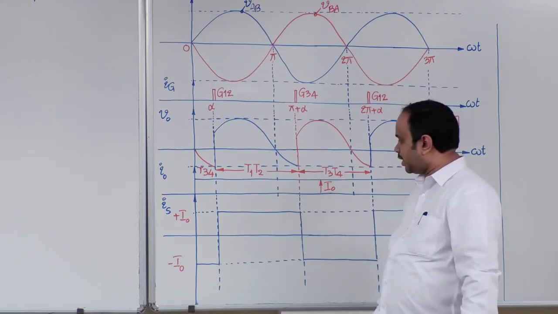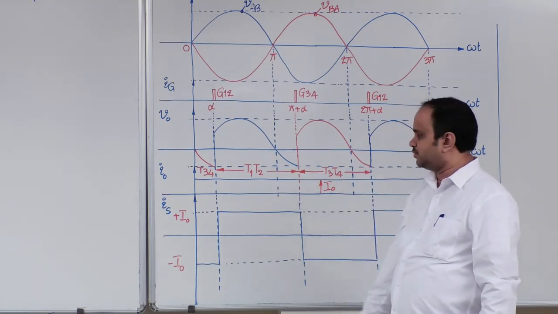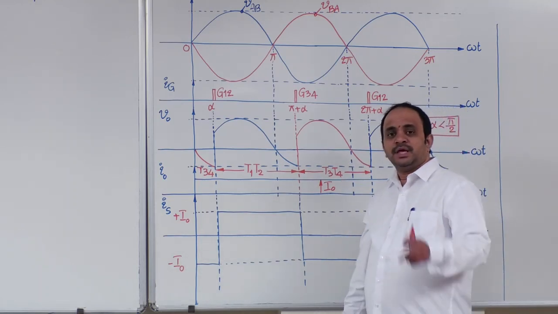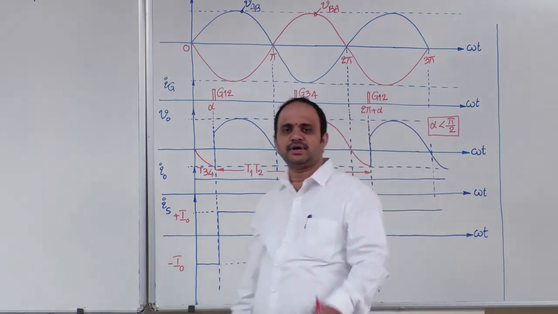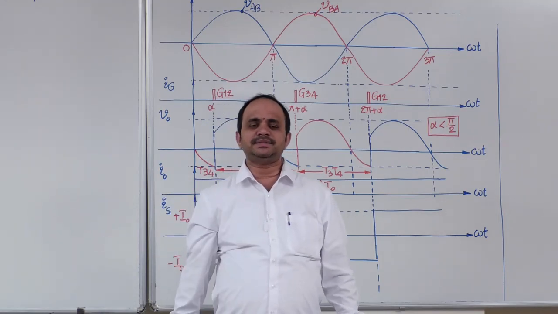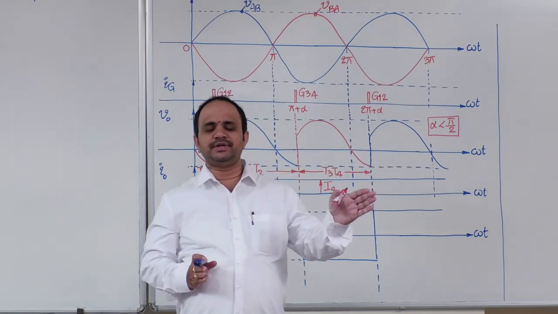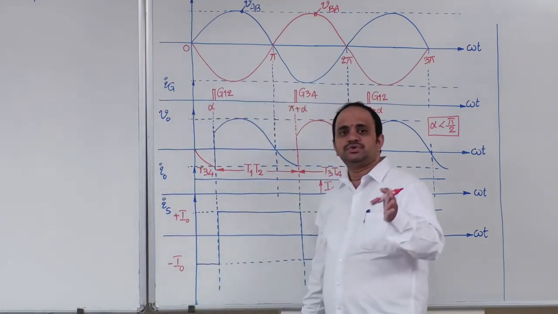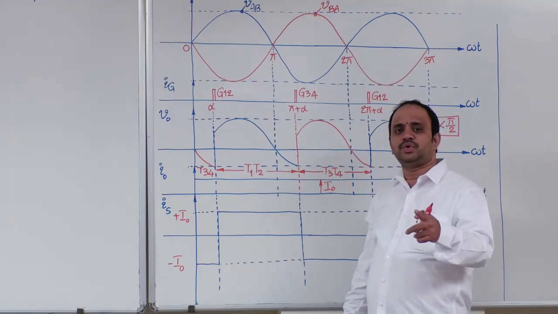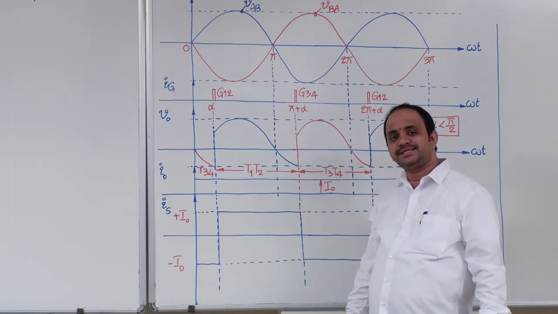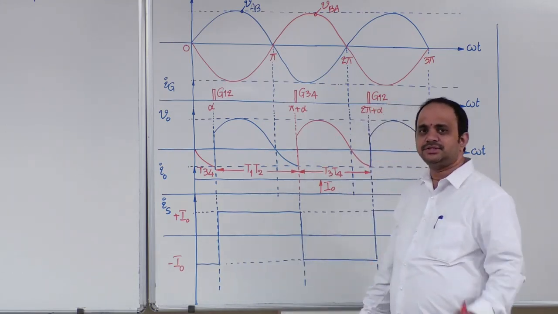Now observe carefully, what is the reason to start the full wave rectifier? In the half wave rectifier circuit, the source current has a DC component. Therefore, we said that in the half wave rectifier circuit there is a problem of source transformer saturation. In order to overcome that, we said to use multiple devices in such a way that the DC component of the source current is 0.